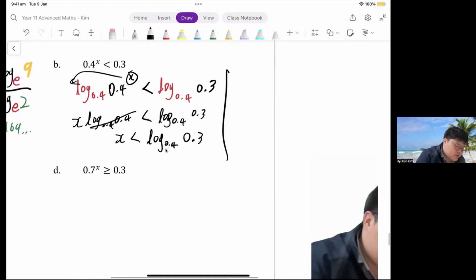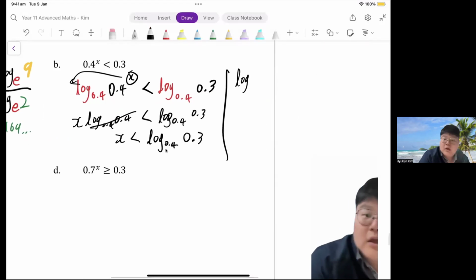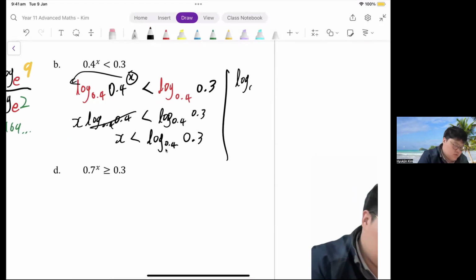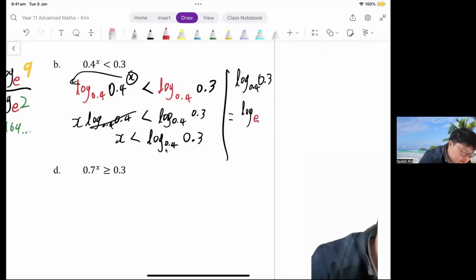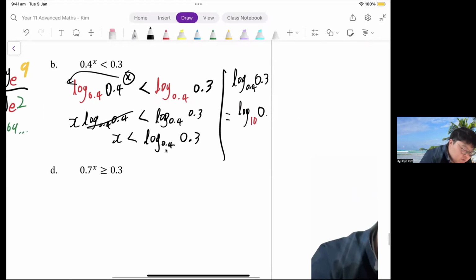Now you can chuck this in the calculator by changing the base. So I'm going to rewrite that: log 0.4 of 0.3 can be rewritten as log of 0.3 over log of 0.4, using base e or 10. But you know what? I'm going to use 10. Just so you know, you can choose whatever you want.